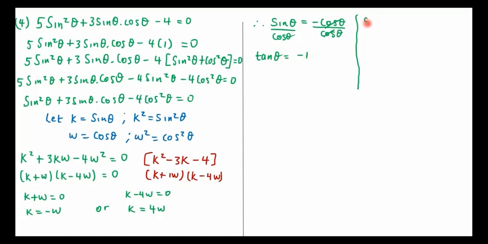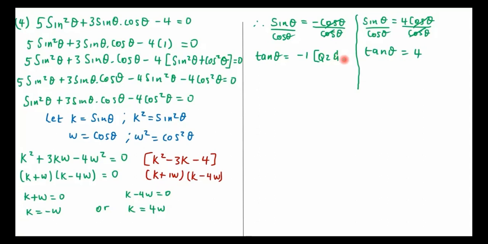What about the other side? k is sine theta equals 4w, which is cos theta. So we're going to do the same thing here. Divide by cos theta, divide by cos theta, and then this cancels with that, and here tan theta equals 4.